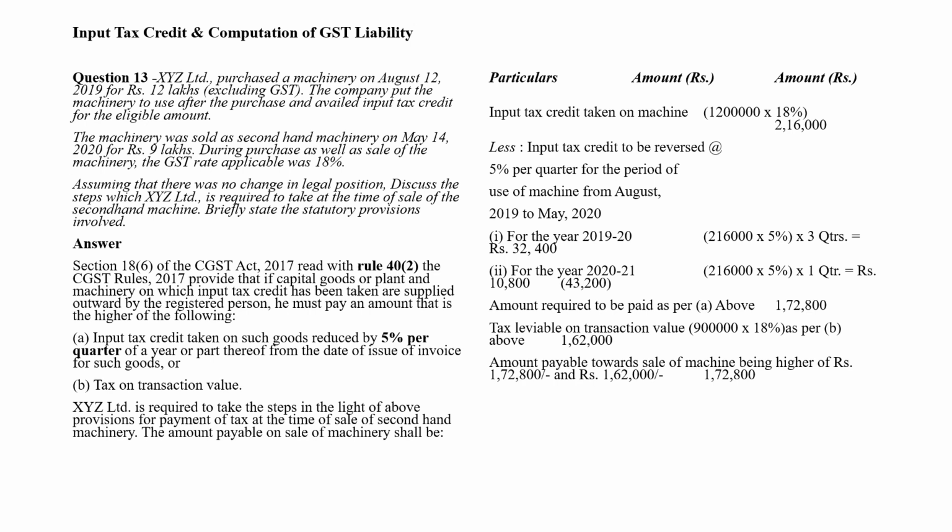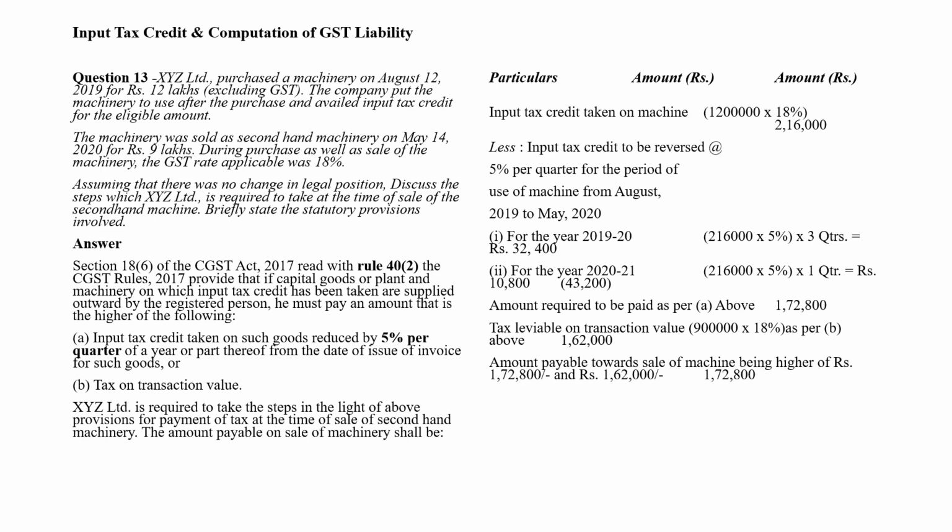The amount payable on the sale of machinery shall be, very important. Now you say input tax credit taken on machinery on 12 lakh at the rate of 18% is equal to 2,16,000, less input tax credit to be reversed at the rate of 5% per quarter for a period of use of machine from August 2019 to May 2020. For the year 2019, there will be 3 quarters.